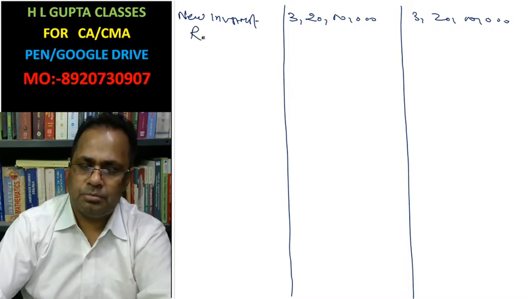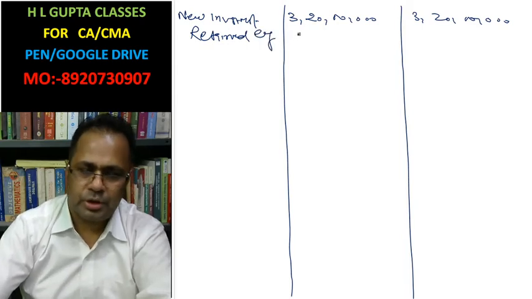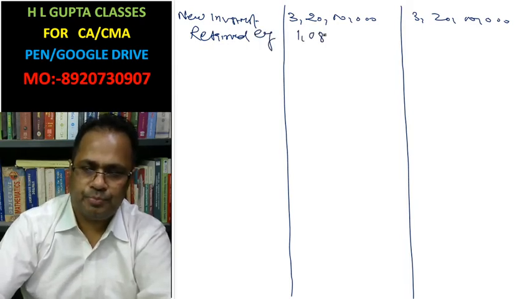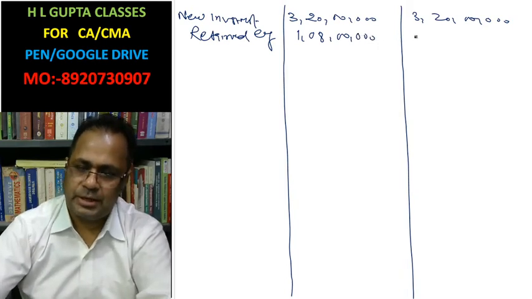Retained earning is 1 crore 8 lakh, and 1 crore 60 lakh.